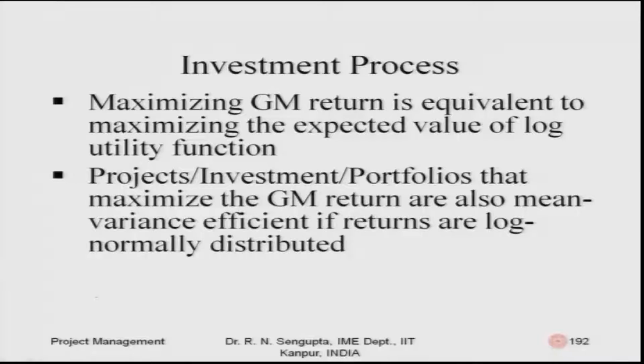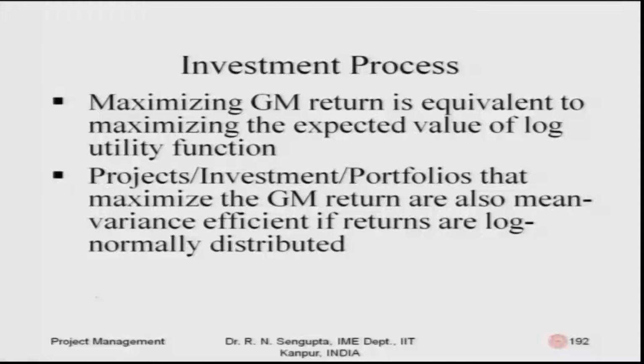Then we went into mean variance concept, how it makes sense considering the utility function is quadratic and its relevance to normal distribution. Then we went into geometric mean concept, and we will continue that. We had other concepts like safety first principle, we will consider that as we progress with this 18th lecture.